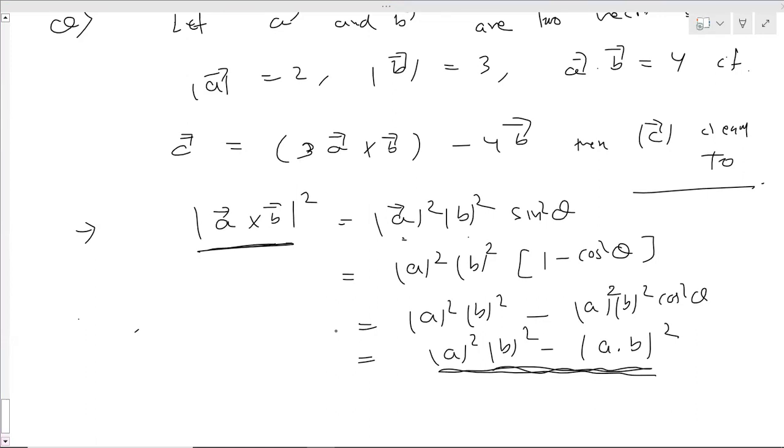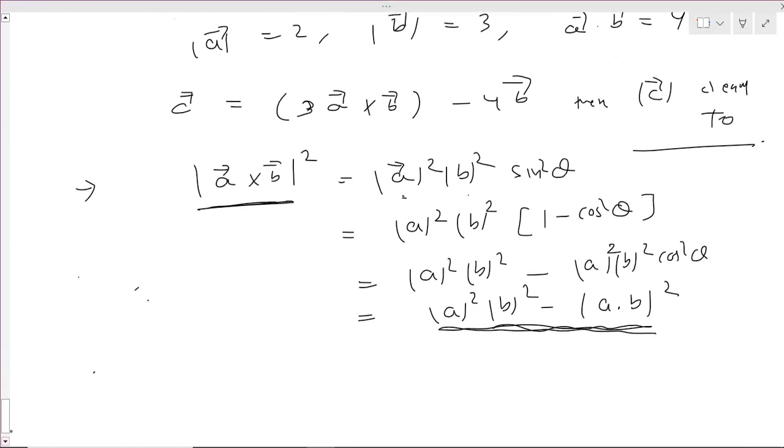Krishna, the answer is not 6. Please check the calculation again. Let's see what we have here. C vector equals 3A cross B minus 4B.